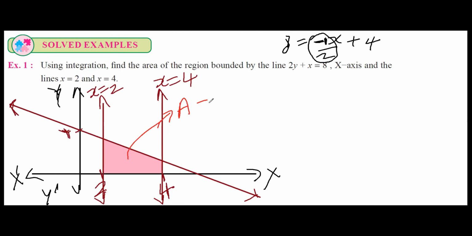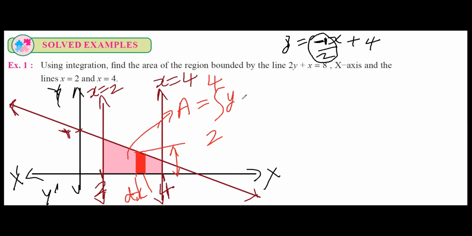This A as an integration is from 2 to 4. I will take an elementary strip. When I take this elementary strip, can you tell me what dx will be? This will be your dx. And what is your y? y will be this.